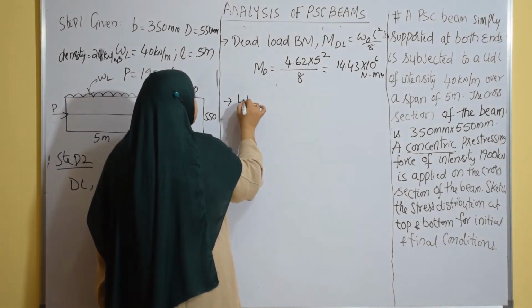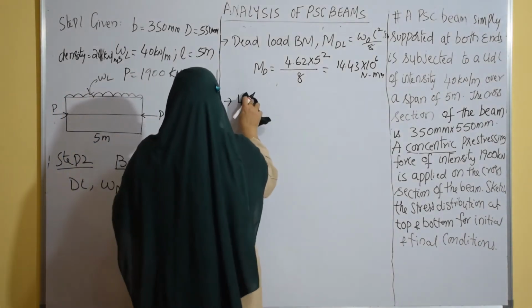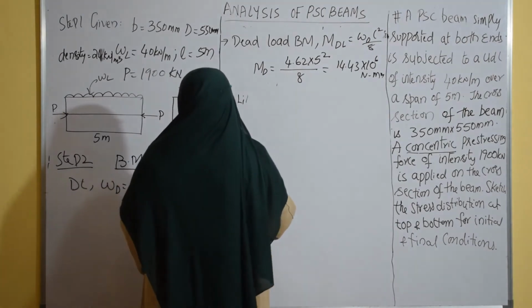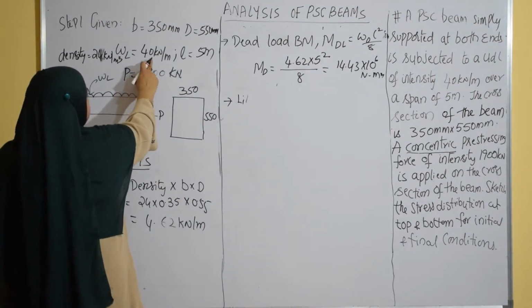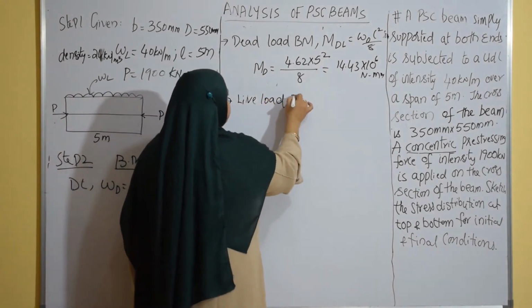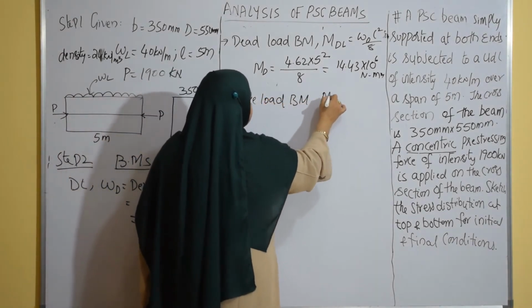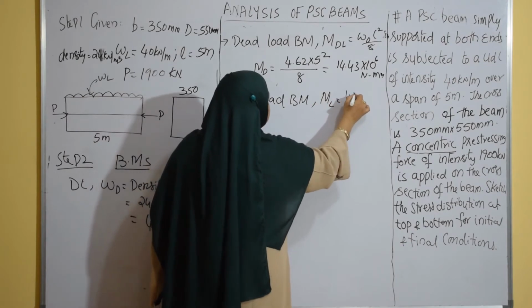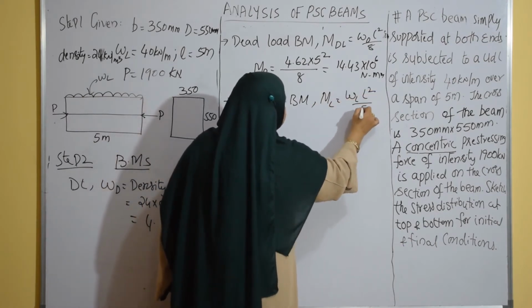Already it is given to us. Live load is given as 40 kilonewton per meter. So live load bending moment ML is equal to WL L square by 8.